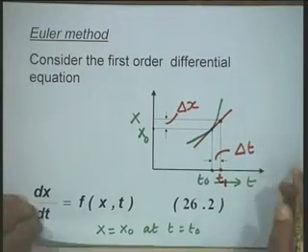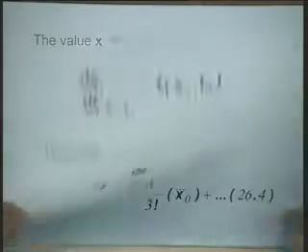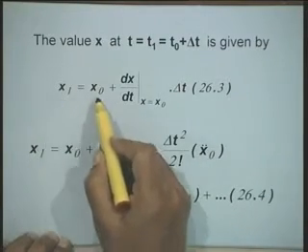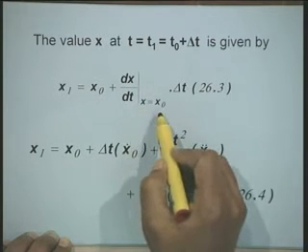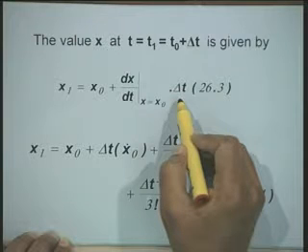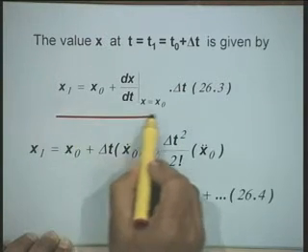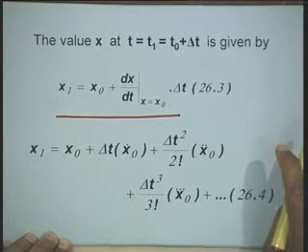So now we can write the solution in the form x1 equal to x naught, the initial value, plus dx by dt at x equal to x naught into delta t, right. This is the approach we make use of in the Euler method.